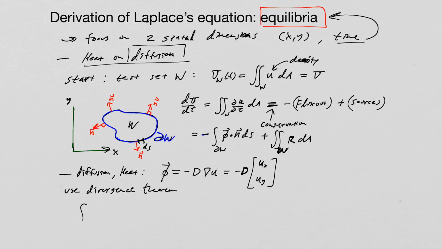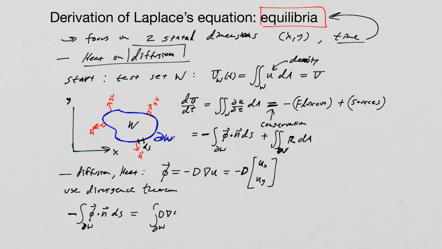If I take the flux integral that we have here, we can rewrite that by substituting this in. What we have now is a negative d grad u. We're starting with the negative, so I'll just make that a plus there.